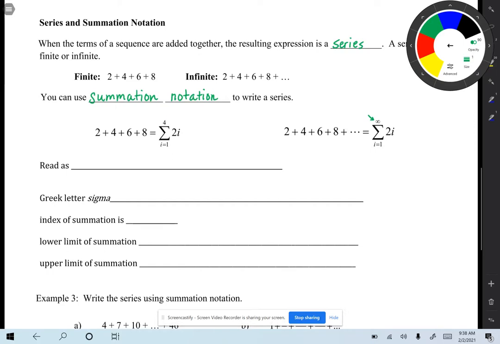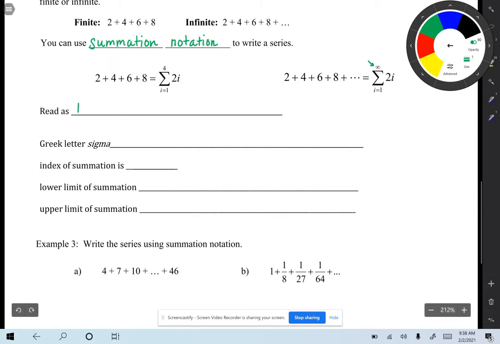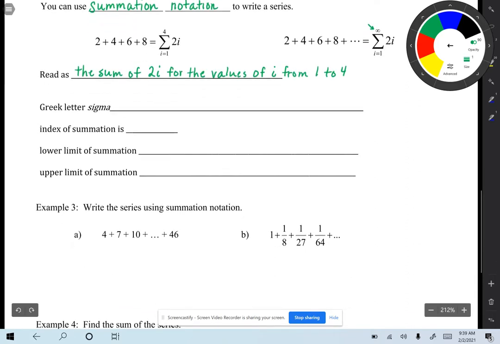So here's how you'd read that. The sum of 2I for the values of I from 1 to 4. The second one would just be the sum of 2I for the values of I from 1 to infinity. So in the Greek letter sigma, this is how you make it.